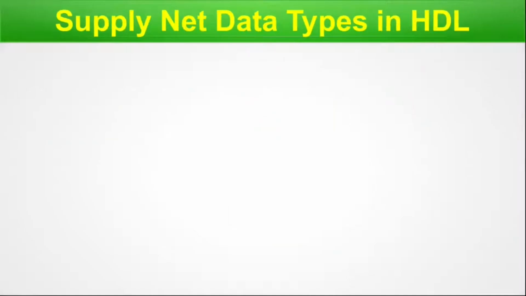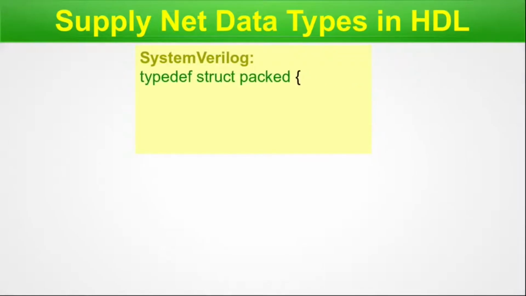Supply net data types in HDL. In this slide, we will cover the data structures in both VHDL and System-Verilog that make room for the UPF supply nets so that the transition from UPF to the Verilog or System-Verilog is a smooth one. So begin with the System-Verilog.